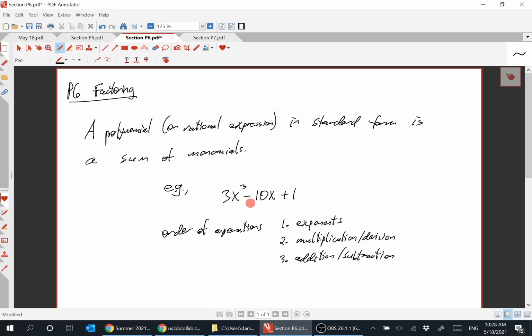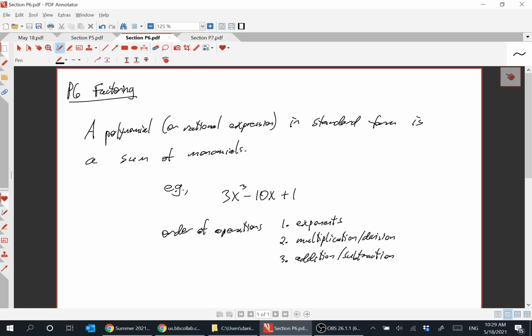If you were to evaluate this expression, like if x is equal to 2, first I have to evaluate the exponent. Then I have to evaluate the multiplication. Then I evaluate the addition. 24 minus 20 is 4 plus 1 is 5. Okay? So in standard form, the final operation is addition and subtraction.